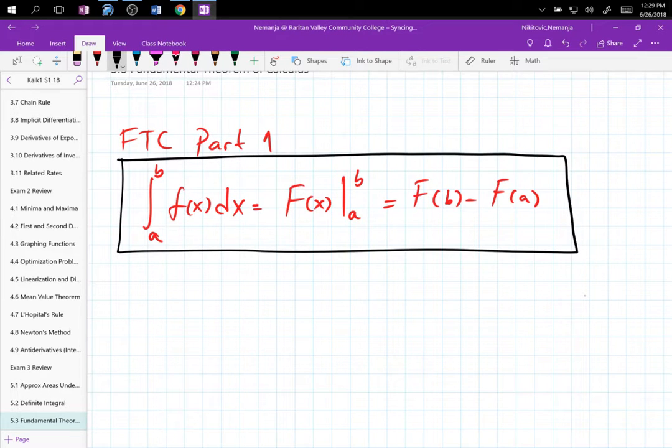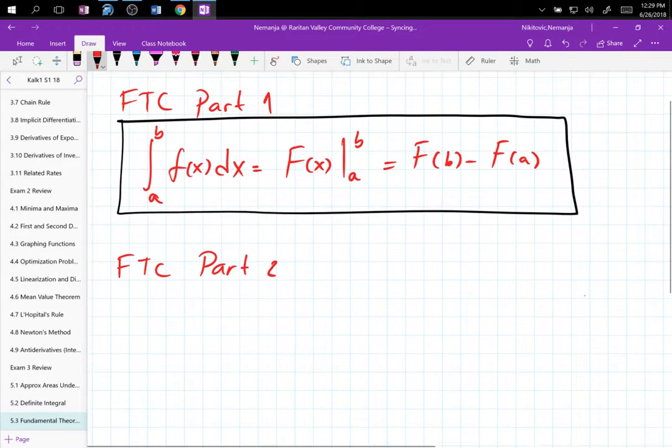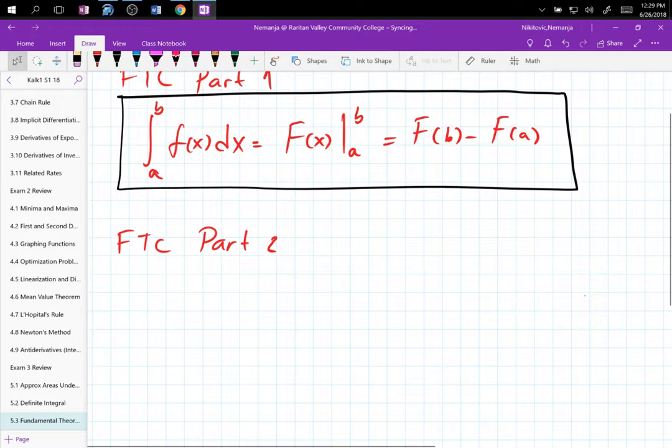You know how to compute this, so we don't dwell on that too long. It's the FTC Part 2 that is interesting to us, and that is the following formula, and then we have to discuss this in detail.